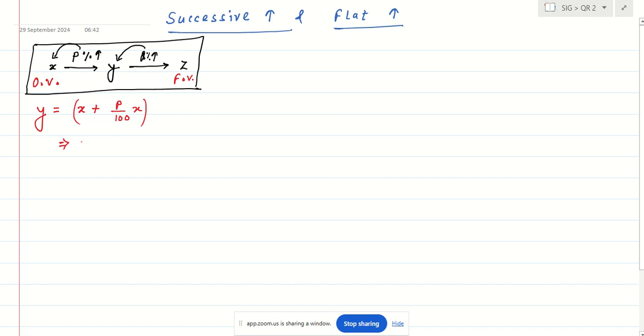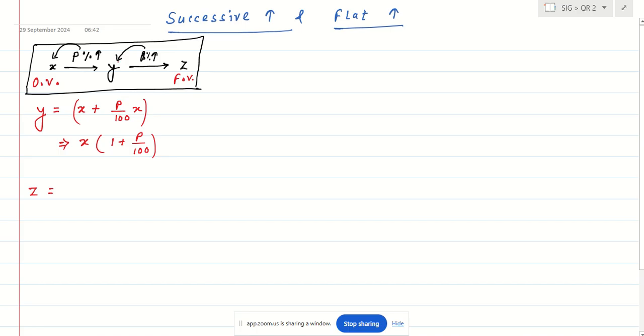Now, can I take x common here? If I take x common, what will I get? 1 plus p%. Yes or no? Okay, this is the value of y. Now, how to get the value of z? How much increment again? Q% of what? Of y.